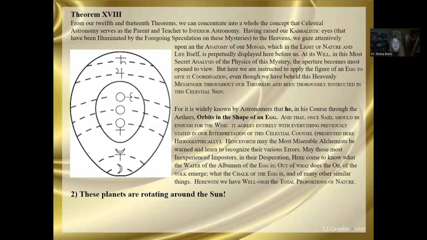But if we want to look at this as some evidence that Dee knows heliocentrism, I would say it's impossible that he didn't. In fact, he was thrown in the tower with a Copernican, someone who subscribes to the heliocentric notion of the universe, that all of our planets rotate around the sun.